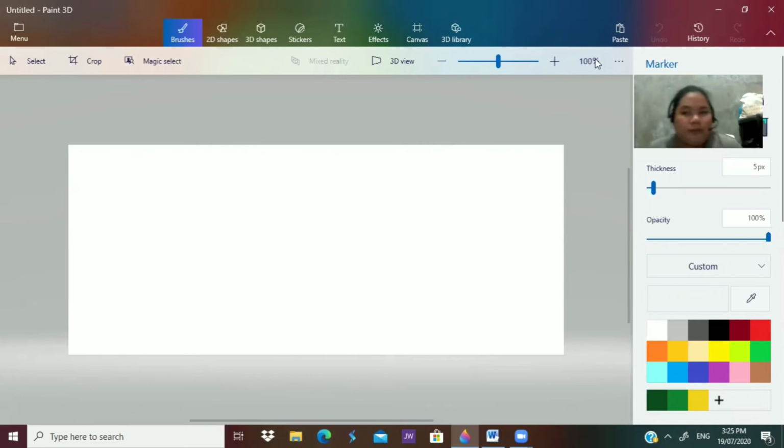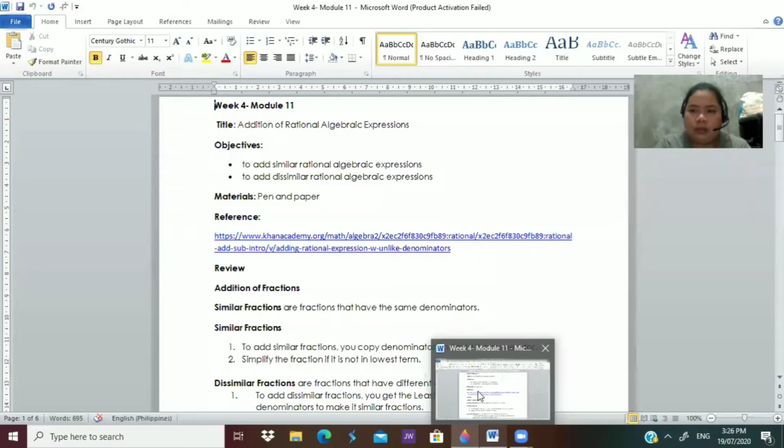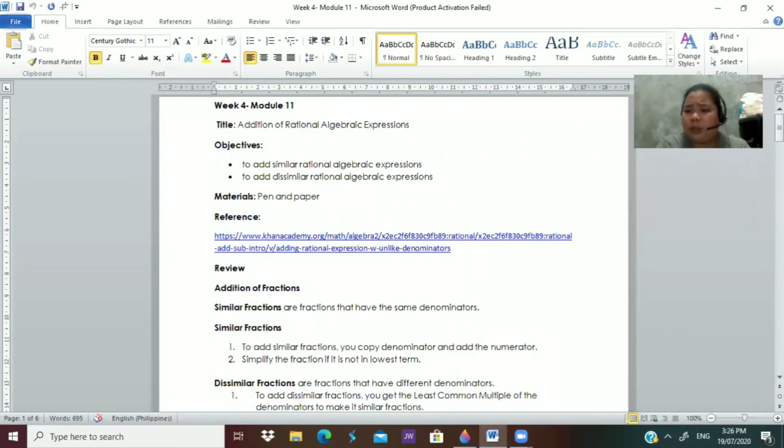Okay, so last time, ang mga naituro ko na ay multiplying rational algebraic expressions. I also have dividing rational algebraic expressions. Now we have addition of rational algebraic expressions, which is just the same as addition of fractions.